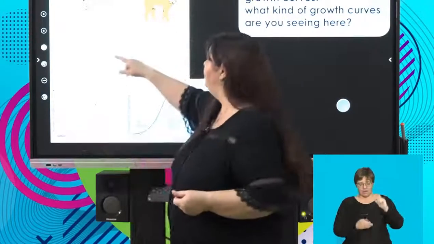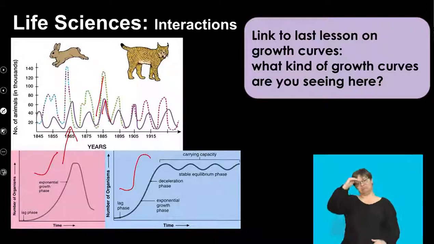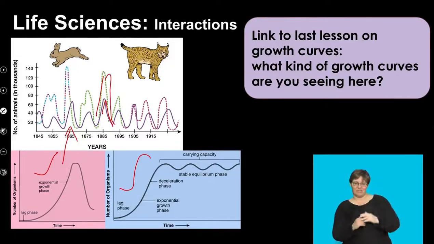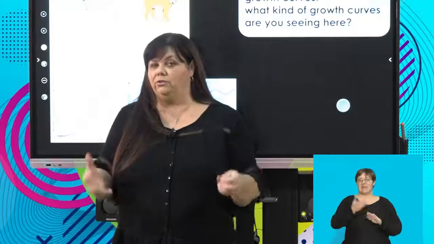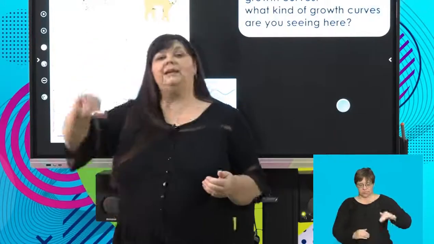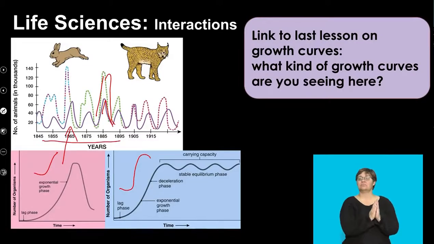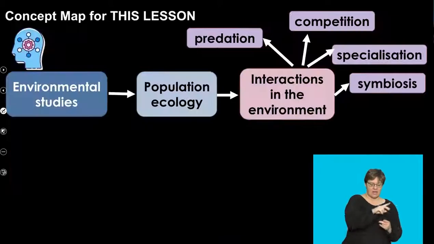We're seeing a population increasing, but then something else is bringing it under control, so the population decreases. So we're seeing an exponential kind of growth curve that is increasing, decreasing, increasing, decreasing again over many periods of time. This is typical of an interaction between a predator and a prey.